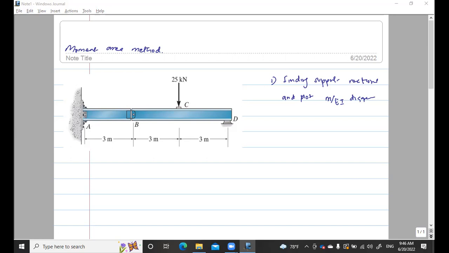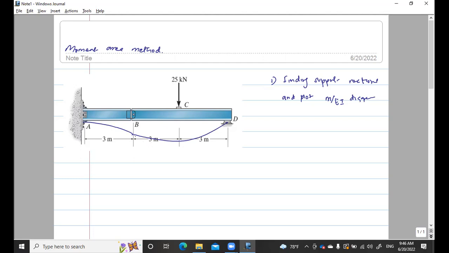If you look at the deflection, this will deform something like this, and then here there is a joint. So there is no continuity in the deflection, so the other one may deflect something like this. Okay, so the deflection is like that.